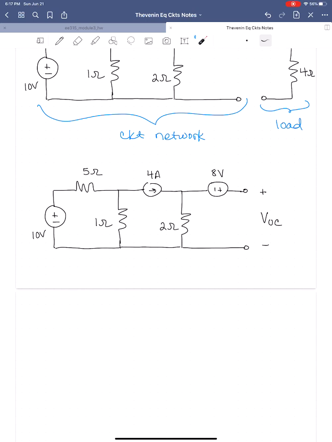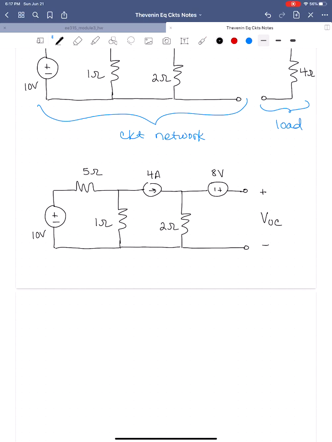Hopefully you're saying no, none of it's going to flow through the 8 volt source because there's an open circuit here. So no current's going to flow here. You can still have a voltage, but there's no current flow because of the open circuit situation. So we know that all of the 4 amps of current is going to flow through this 2 ohm resistor and then come back to the rest of this circuit.